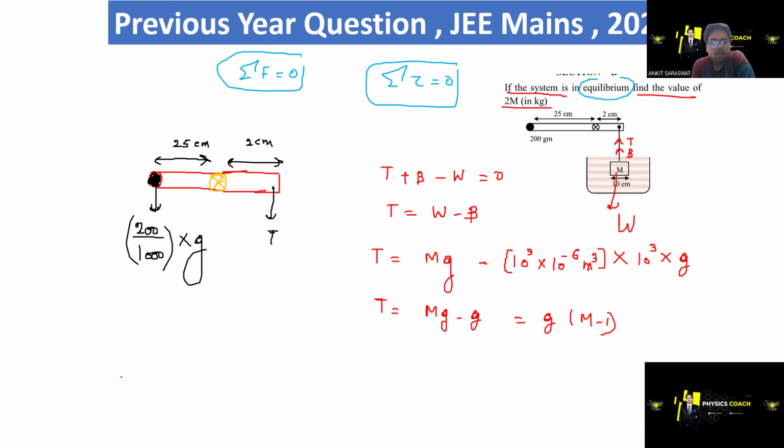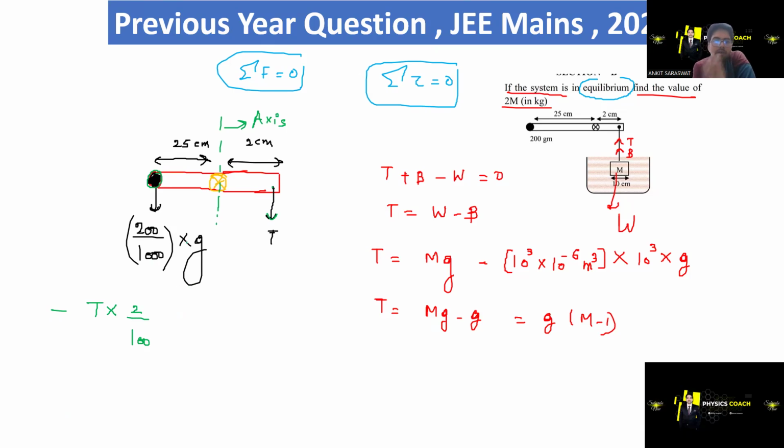Now, where is our axis of rotation? I consider this my axis of rotation. So net torque about this axis will be 0. One torque will be because of this weight, and one torque will be because of this tension. Net torque because of tension will be force multiplied by perpendicular distance from the axis of rotation, 2 by 100. Since it is clockwise, we will take minus.